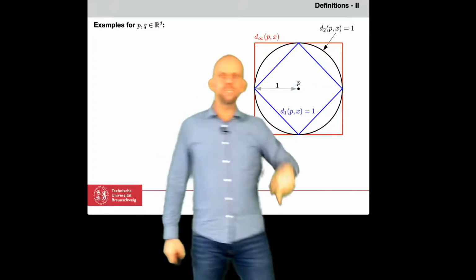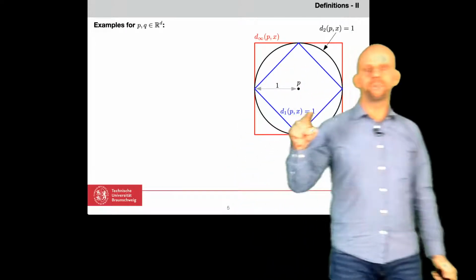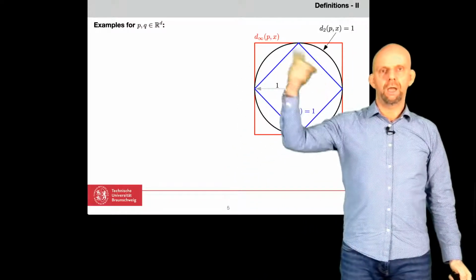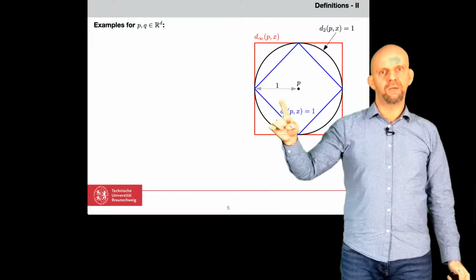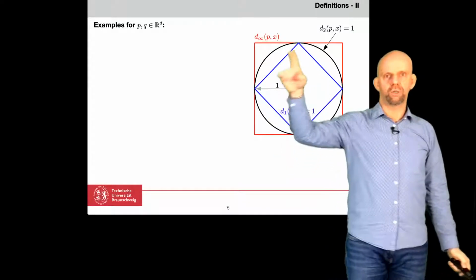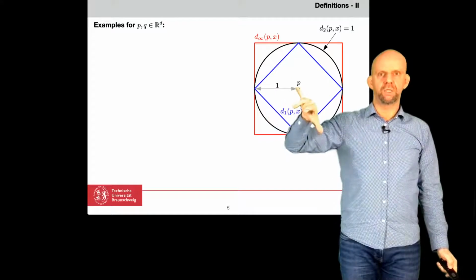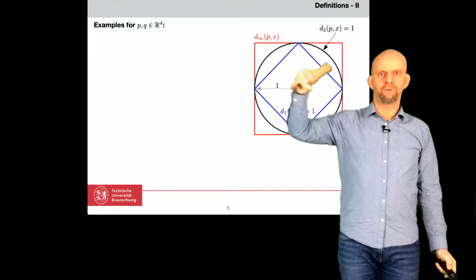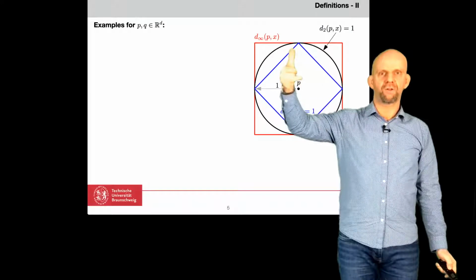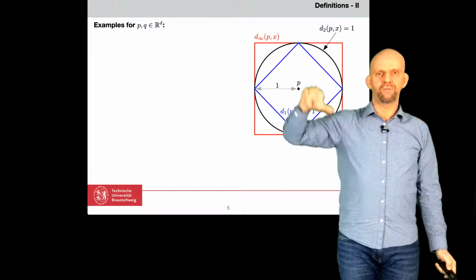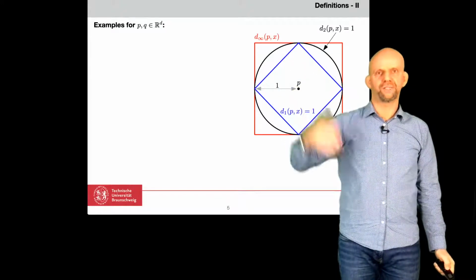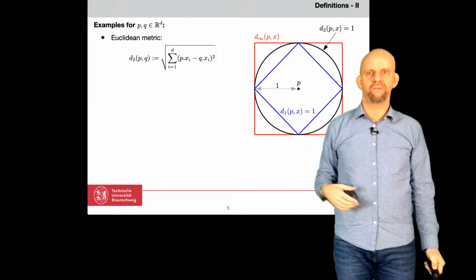Now, these distances, this way of geometry, have natural reasons. The black circle here is the classic Euclidean distance, where you can take a compass and rotate that. That has a certain way of being defined.